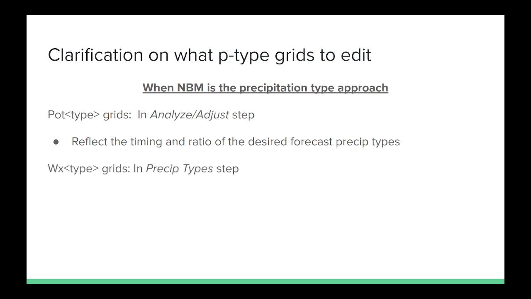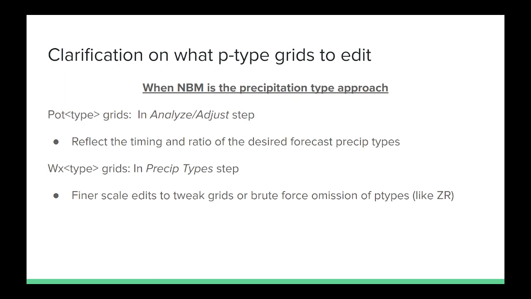But if you want to just make some finer scale edits or completely remove a precipitation type, then do that in the precip type step and modify the WX grids. In the case of removing freezing rain entirely, do that here at the WX grid step. Just deselect the WX ZR, and it will backwards modify your probability of type grid, for example.